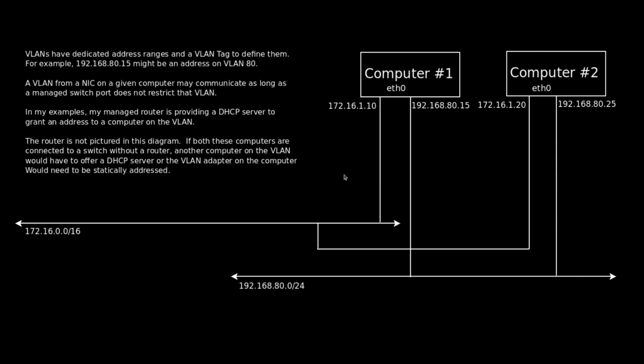Anyway, that's just kind of an overview of what we're going to look at here. So ETH0, for example, could be given 2, 3, or even 4 VLAN connections as long as the switch port that it was connected to was not restricting it to one particular VLAN. And the same thing is true of computer number 2.